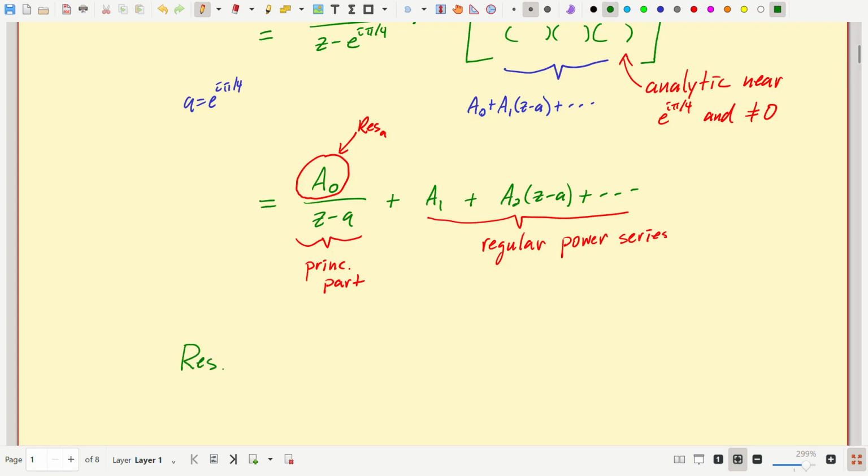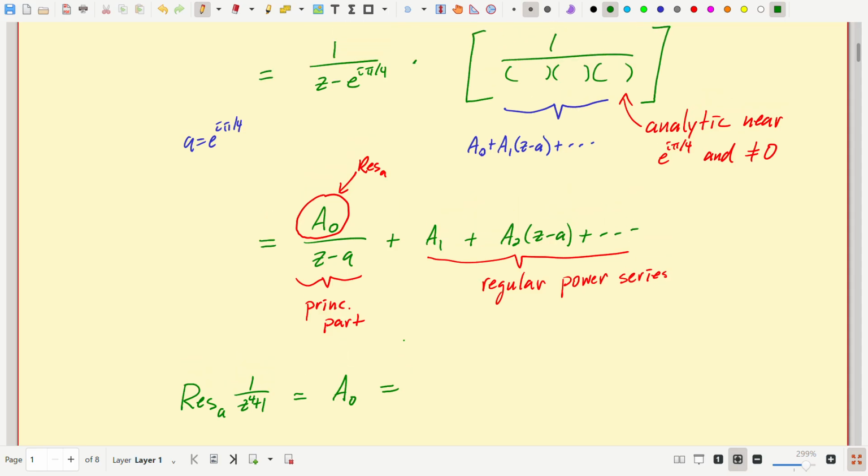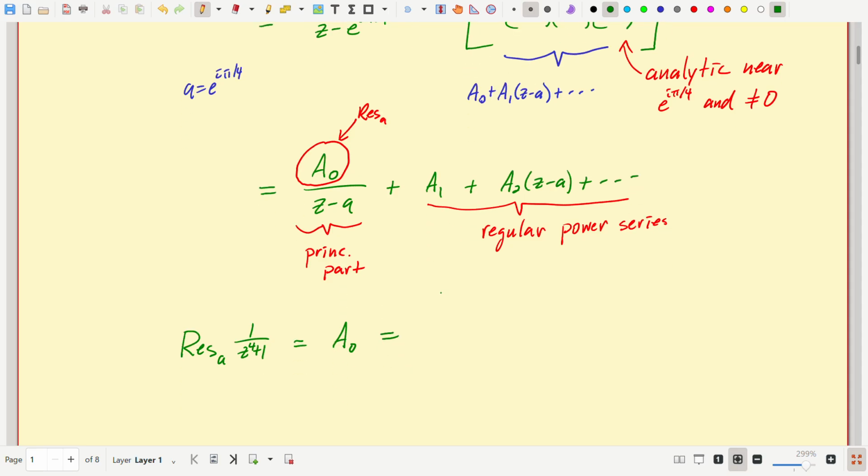The book: residue at a of 1 over z to the 4th plus 1 is equal to a naught. And a naught is the value of that thing in the square brackets at, so let's see, what is that?